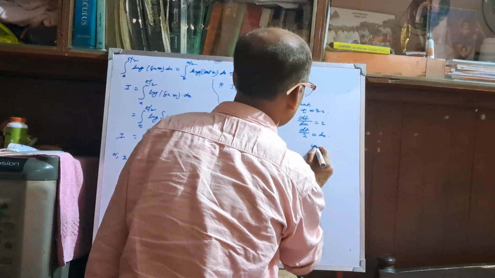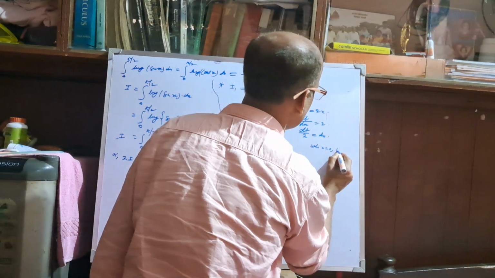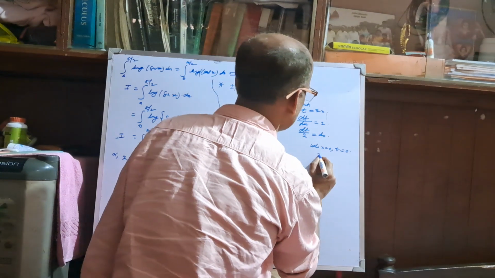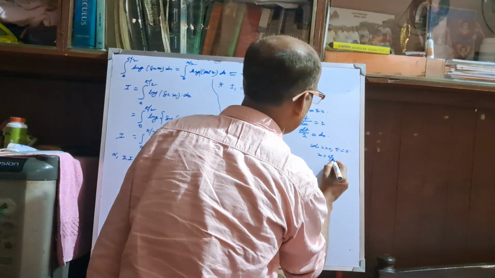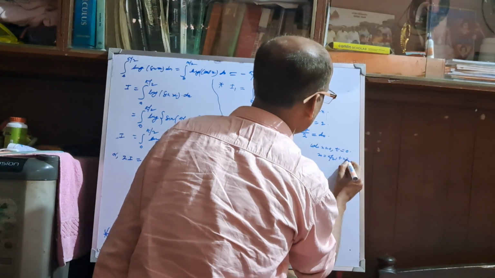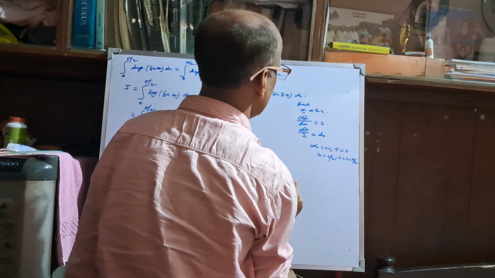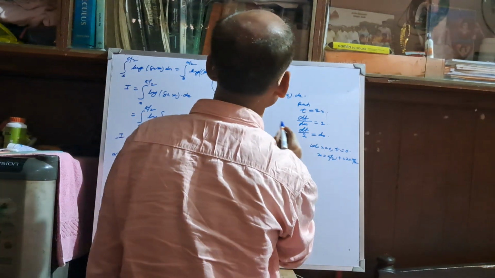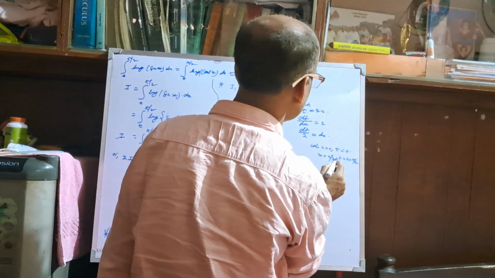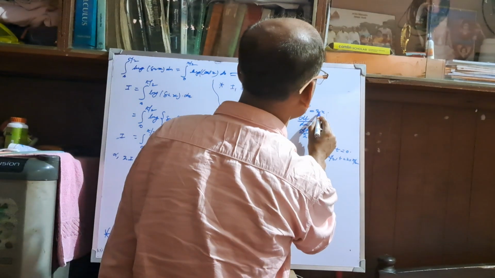When x is equal to 0, t is equal to 0. Now when x is equal to pi by 2, t is equal to 2 into pi by 2.